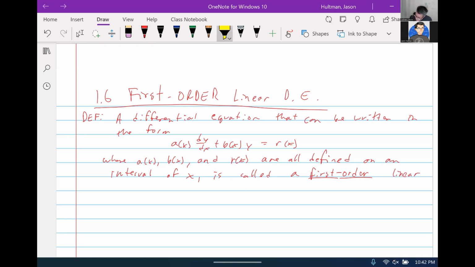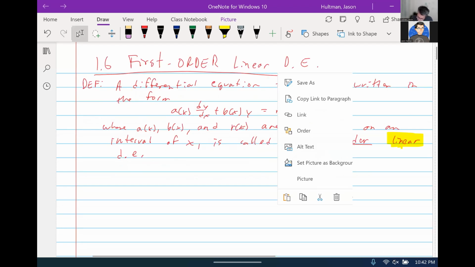So we've seen first order before. We've dealt with separable ones before. Now we're dealing with first order linear differential equations.